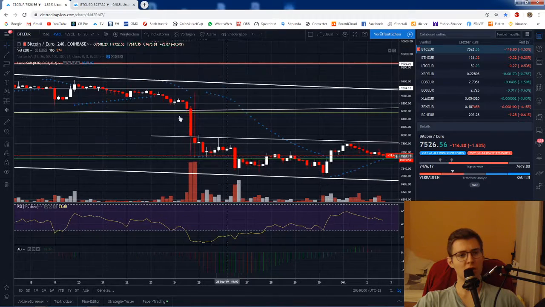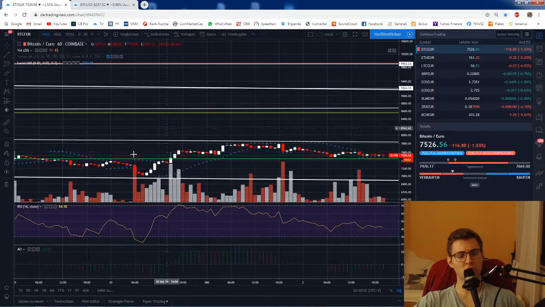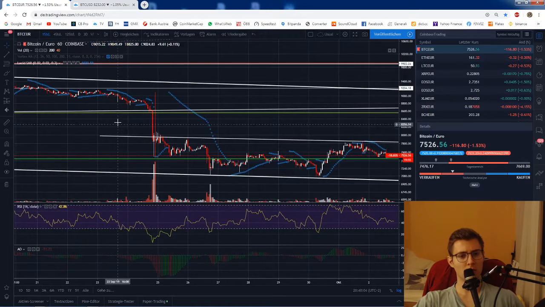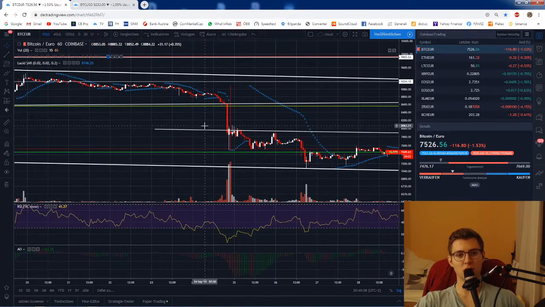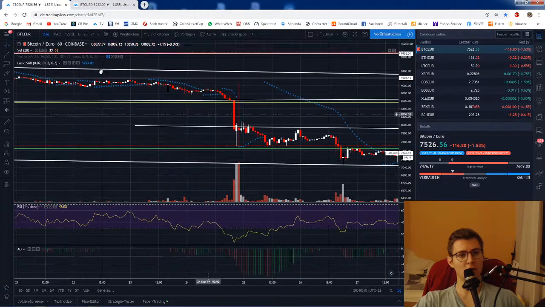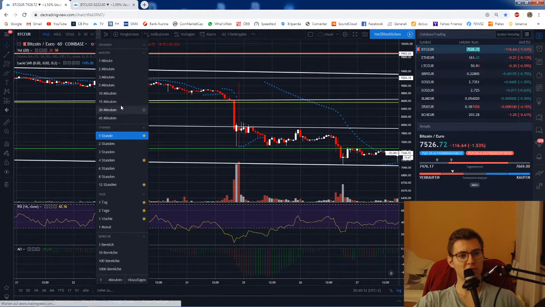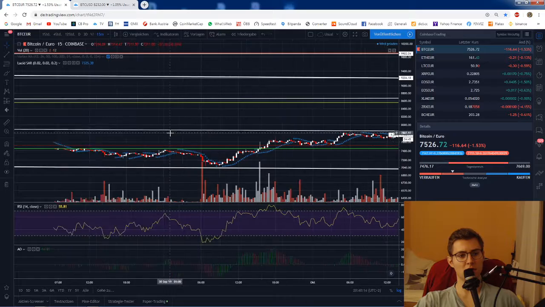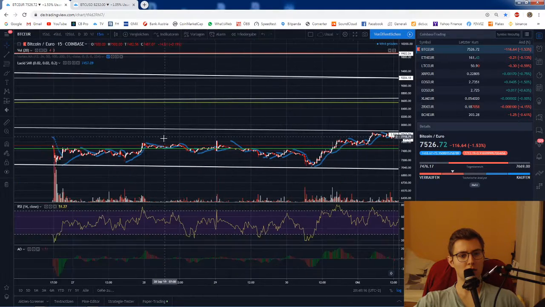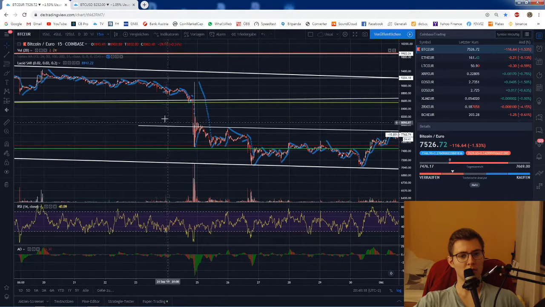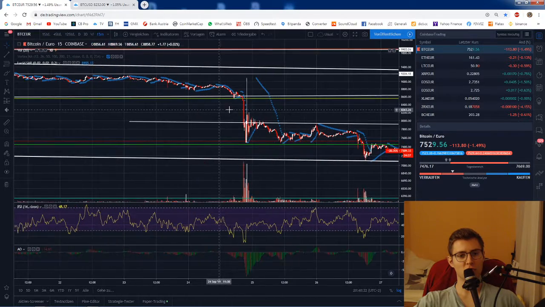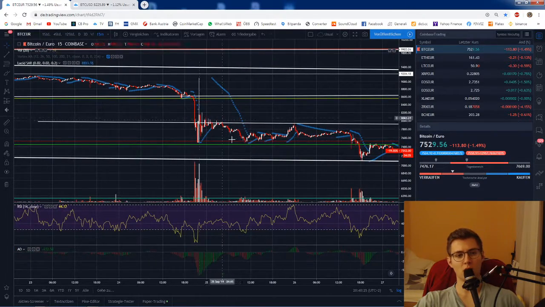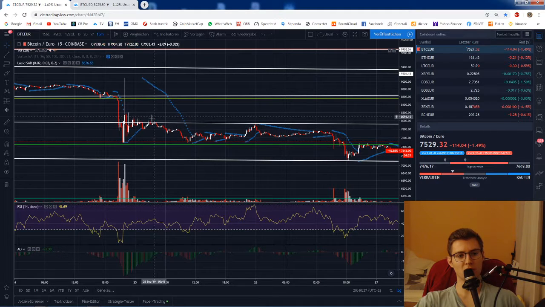So as you can see, when we broke down, we had a huge upper wick candle. So someone bought immensely Bitcoin Euro on Coinbase. And if you look even closer on the 15-minute, you can see it was very short-term action, and we can look even closer, but I won't now.